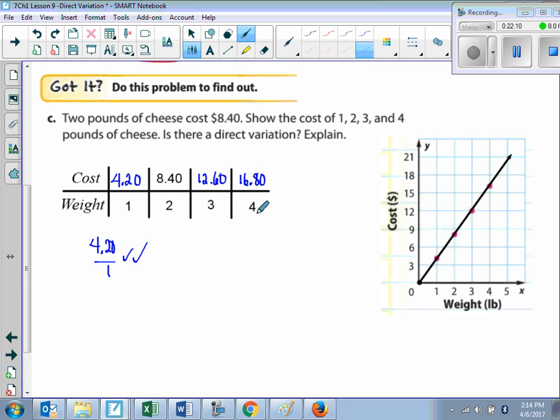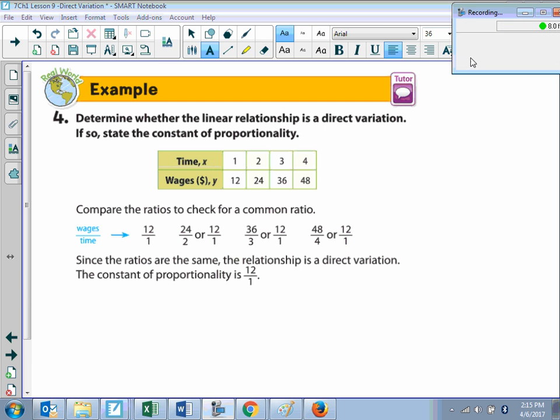And if I change $16.80 by dividing by 4, that is going to be $4.20 for 1. So because the rate of change is constant, do we have direct variation? Yes, we do. Very good.